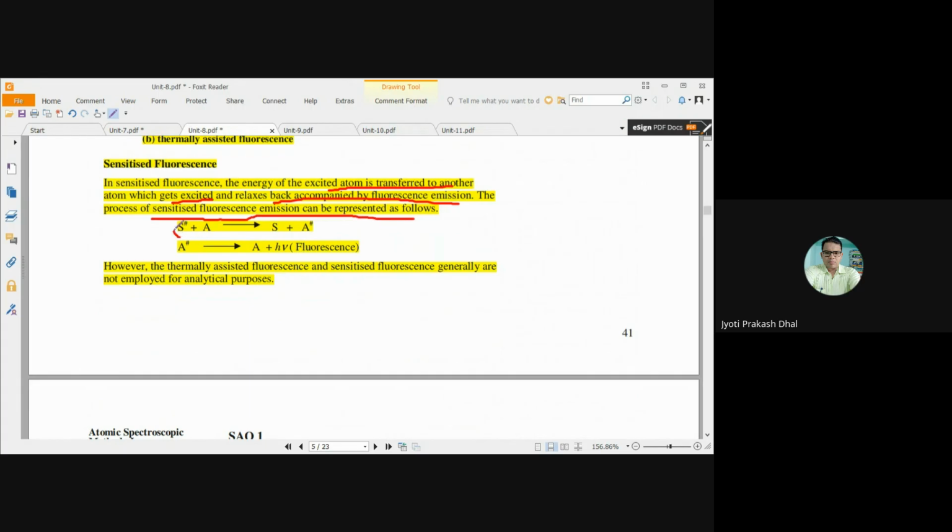So here this is the excited atom, and the energy of the excited atom is transferred to another atom A. So the initially excited atom will be de-excited by transferring energy to another atom A, and the other atom A will undergo excitation, and the second atom will emit fluorescence spectra.